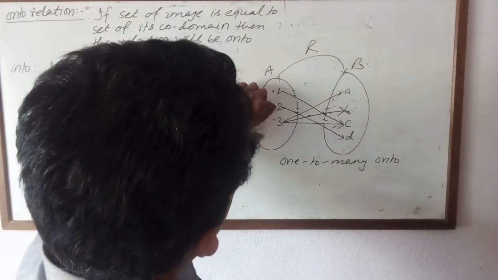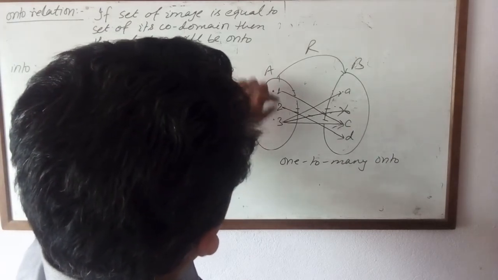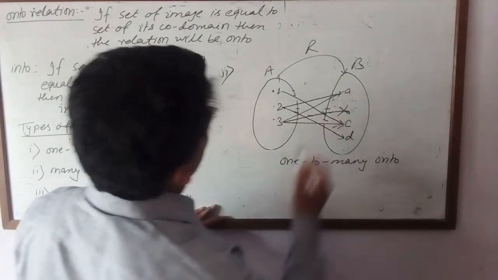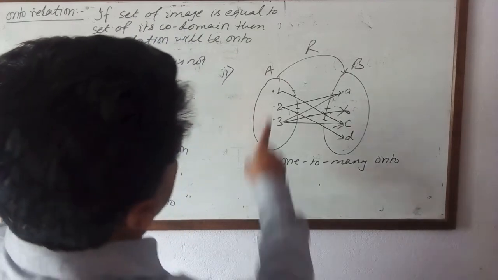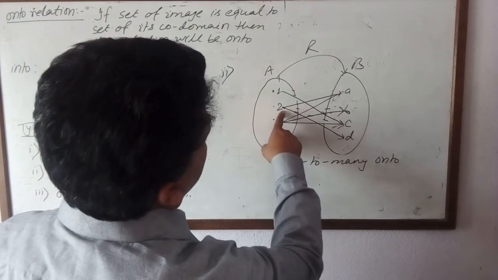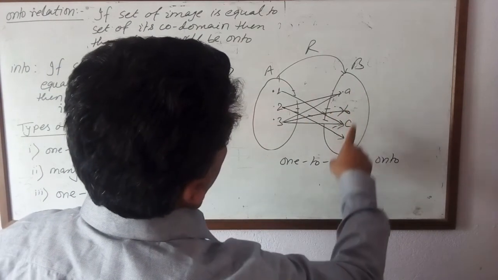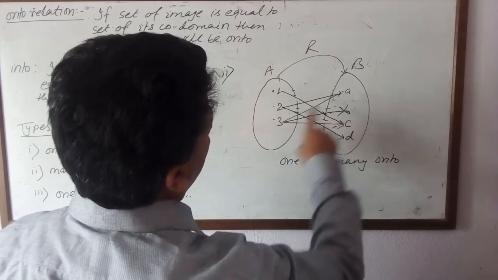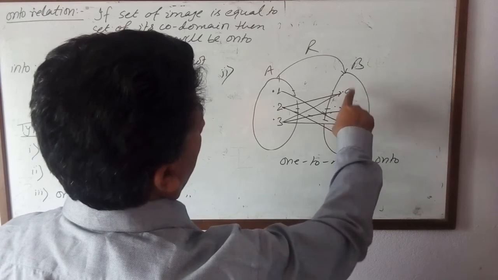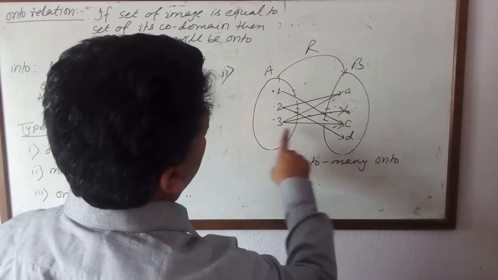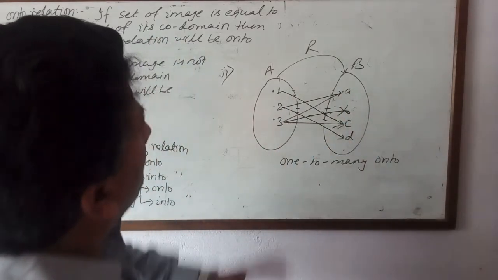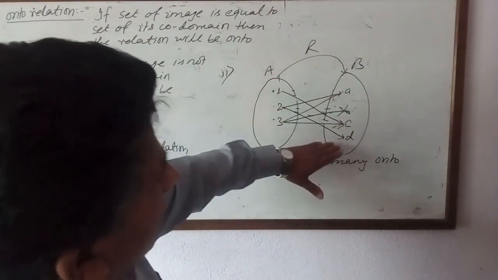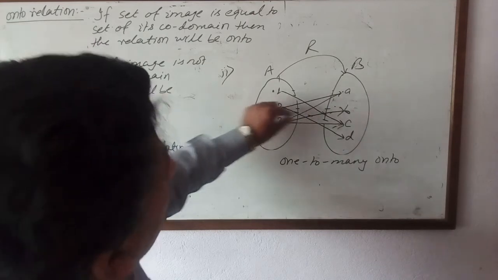1 has image C, 2 has image A also, B also, and this 2 has image A also, 3 has image A also, and 1 has image C also, 3 has image C also. Many to 1 here in this relation, and 1 to many also here.